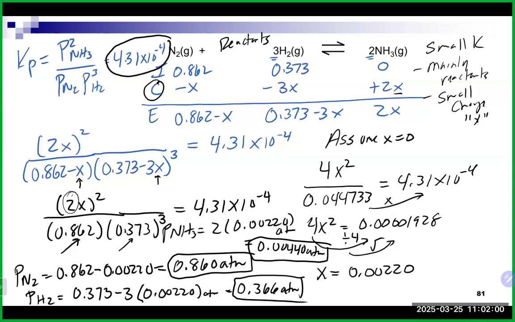Those are all considered large values of K, which means you cannot do the assumption on those, because with a large value of K, you would have mainly products, which means you have a fairly significant change that's occurring, so you cannot do it. So you could only try the assumption on really K values with like negative exponents, small values of K. And again, you should always check it, because as we'll go through different chapters, it will sometimes not work, and you will have to kind of go back and solve it through the quadratic.